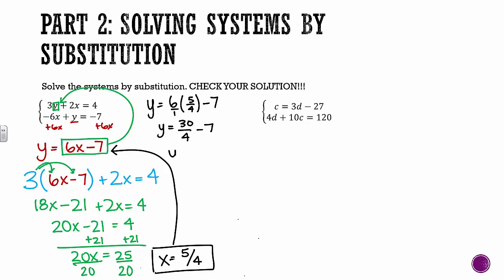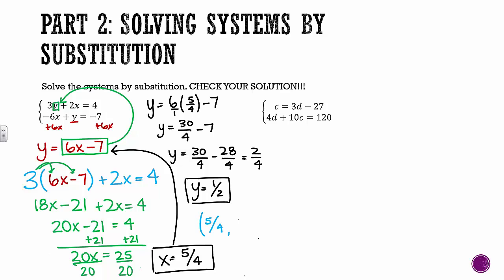And then we can turn 7 into something over 4, 28/4. So we end up with a nice pretty 2/4, which can be simplified to 1/2. So instead of writing this as two separate problems, remember write it as an ordered pair. 5/4, 1/2.